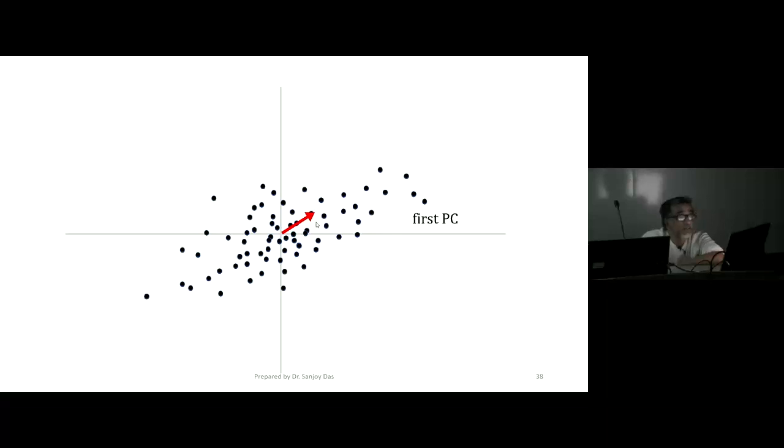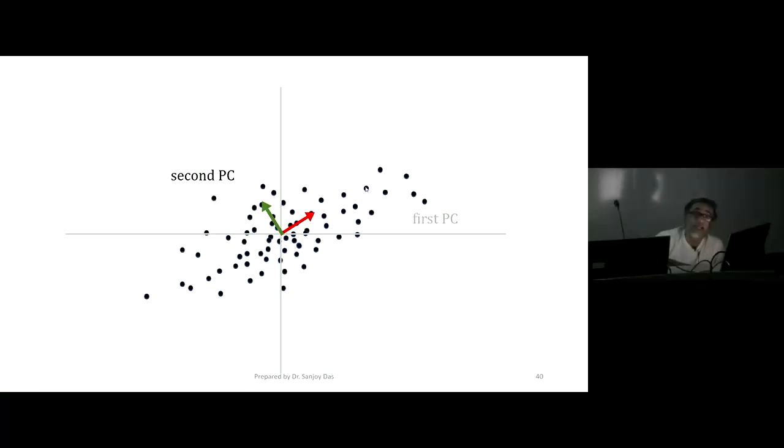Okay, so the first principal component is the direction along which the variance is maximized. The second principal component is an orthogonal direction. It's orthogonal to the first principal component, but it maximizes the variance in the orthogonal direction.